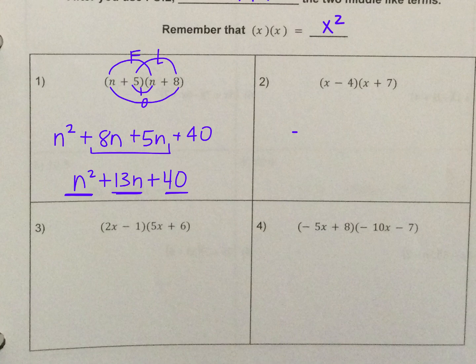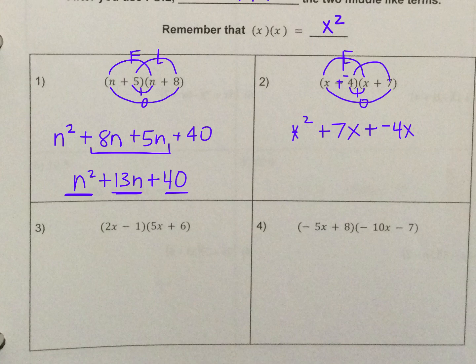All right, let's do number 2. If it helps you, make the minus 4 a plus negative. So first, that needs to be an F, not an L. X times x is x squared. Outer, x times 7 is 7x. Inner, x times negative 4 is negative 4x.